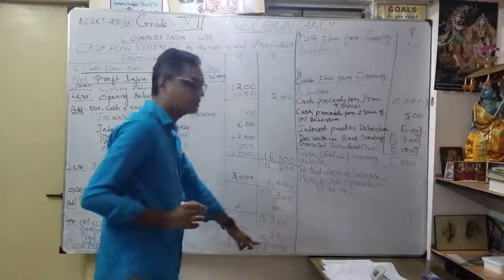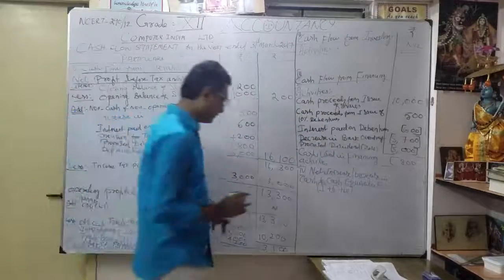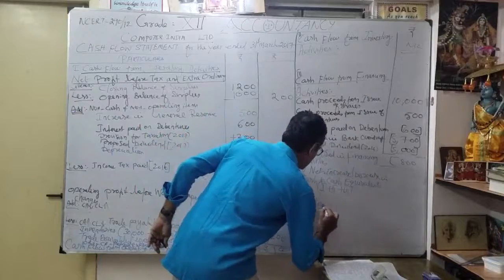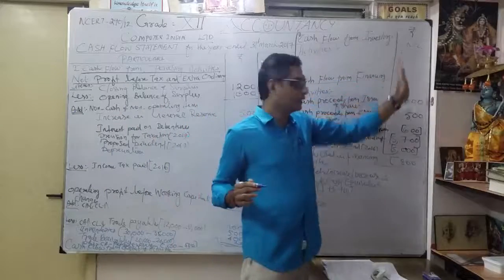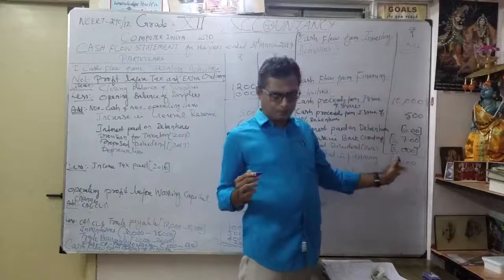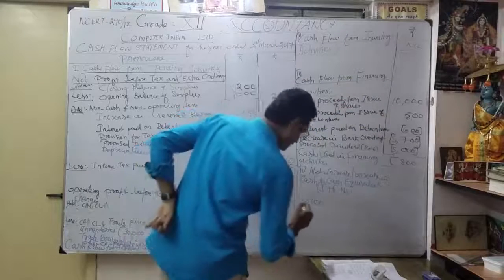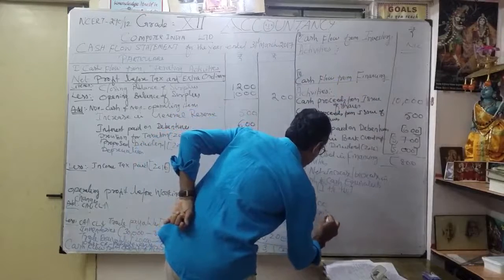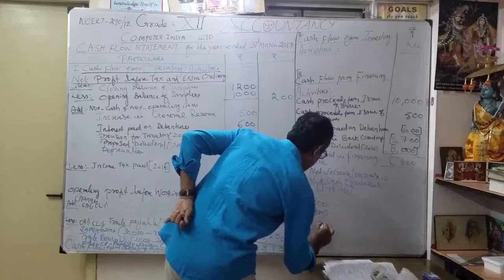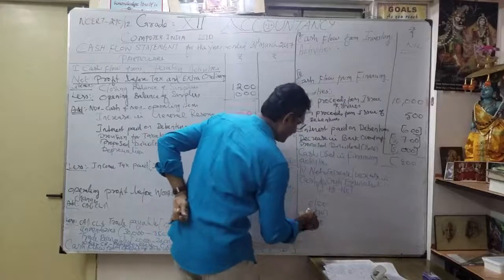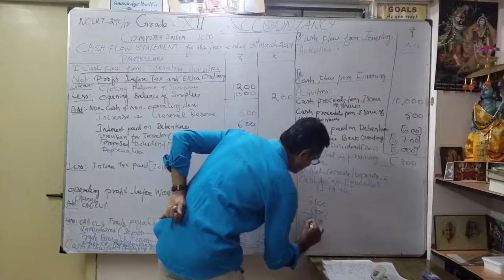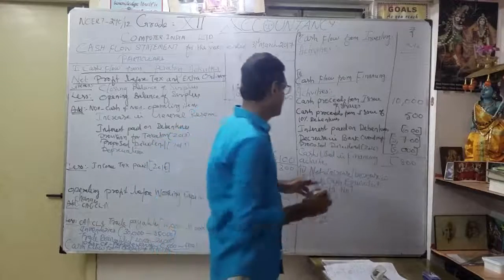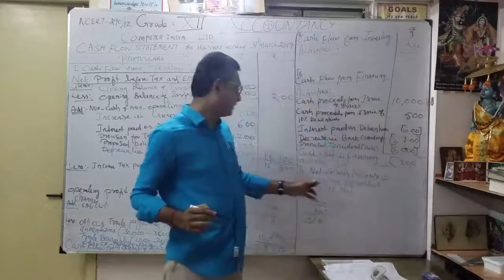What is Roman letter 1? Our operating activities, positive figure. So 3,100. Roman letter 2, nil. What is my Roman letter 3? Just 800. Okay, 800 negative figure. So what is my answer? 11 minus 8, 3, 2,300. That's my net increase in cash and cash equivalents.